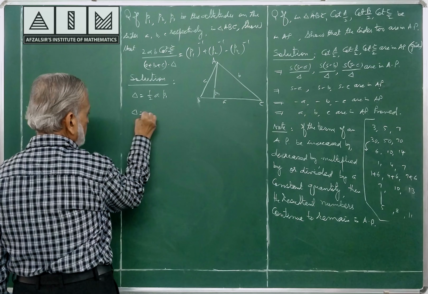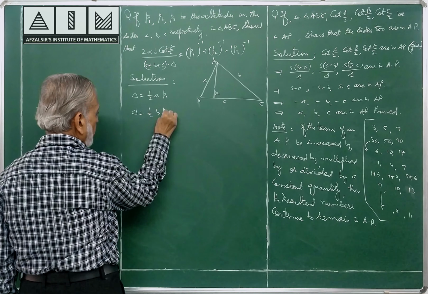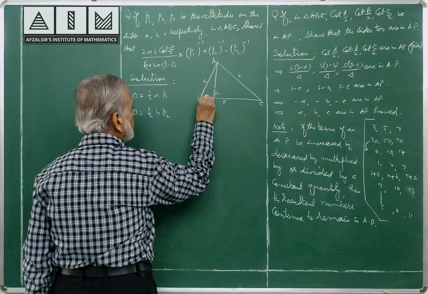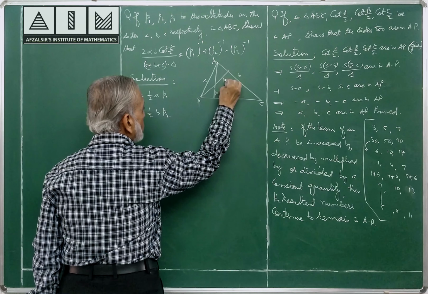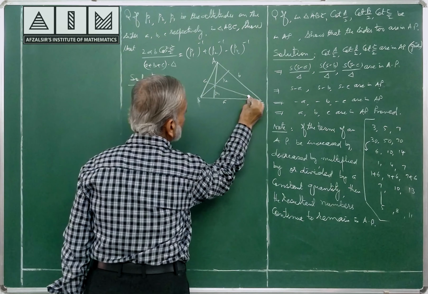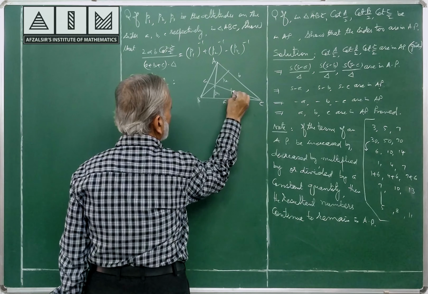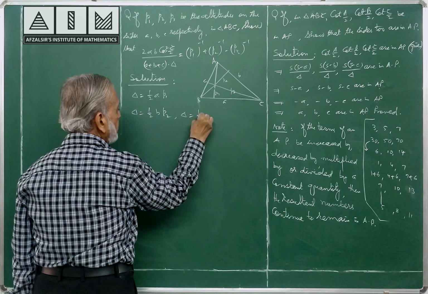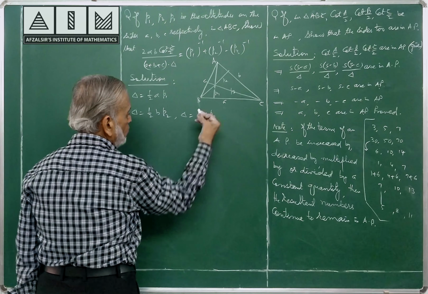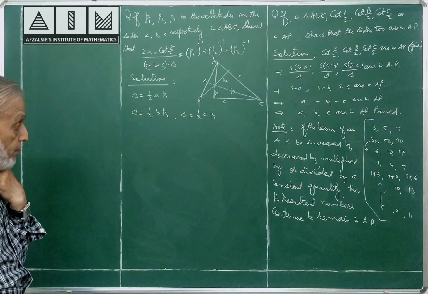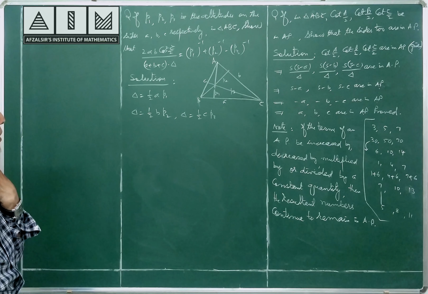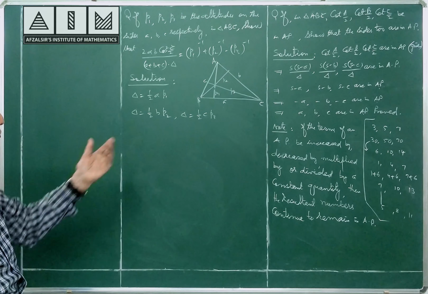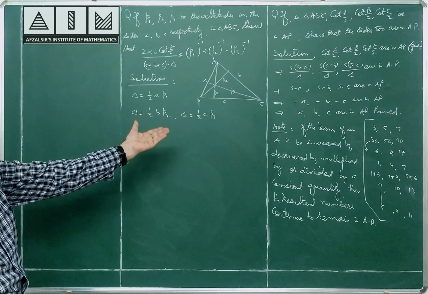Area of triangle is also equal to half B P2. See here. Delta is equal to half C P3. This is also shown in the beginning of this chapter, once again given here, delta half A P1, delta half B P2 or delta half C P3.